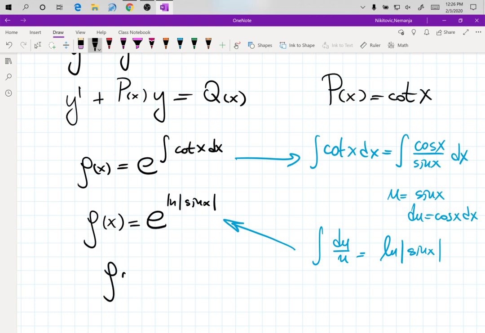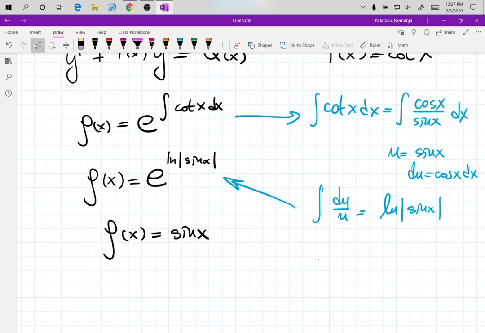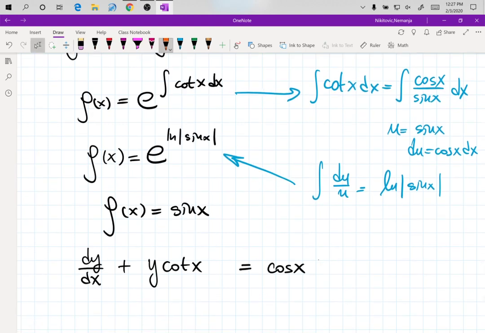So we're just going to have that rho of x is equal to flat out sine x, which I hope you would argue is easier than what we had before, right? Or not. So now our problem says dy/dx plus y cotangent x, leave some space around because we have to stick this sine x everywhere, equals cosine x. Now we multiply through by rho, which is sine x.